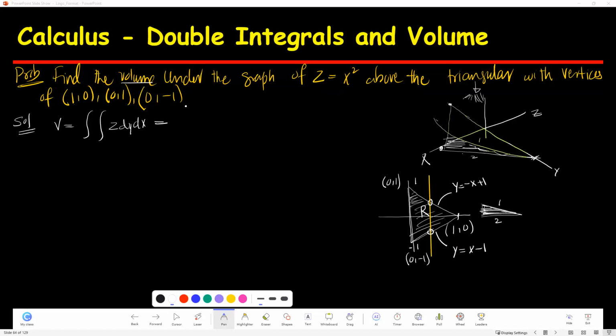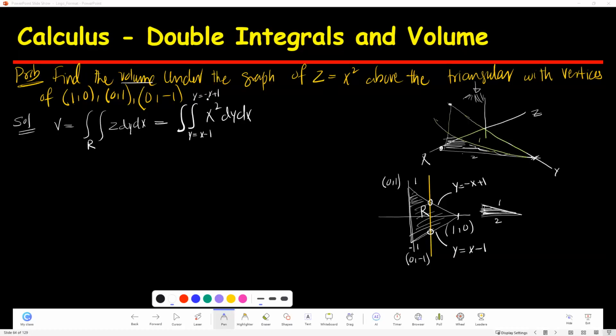I'm going to rewrite this expression. Right now I'm going to write the R. Now I'm going to substitute the value of z, which is x squared, dy dx. Here my lower limit is y equals x minus 1, and y equals minus x plus 1 is the upper limit.